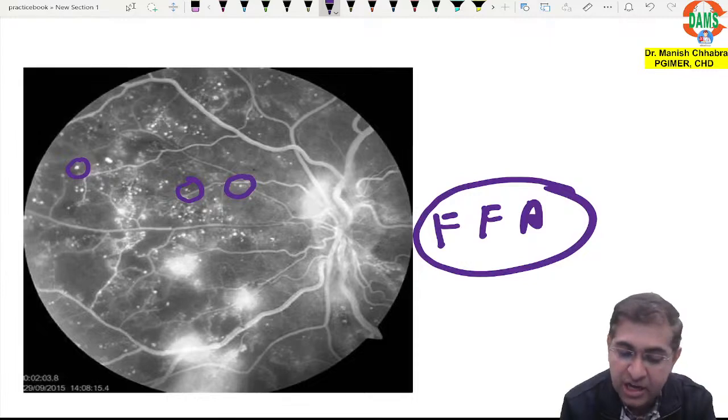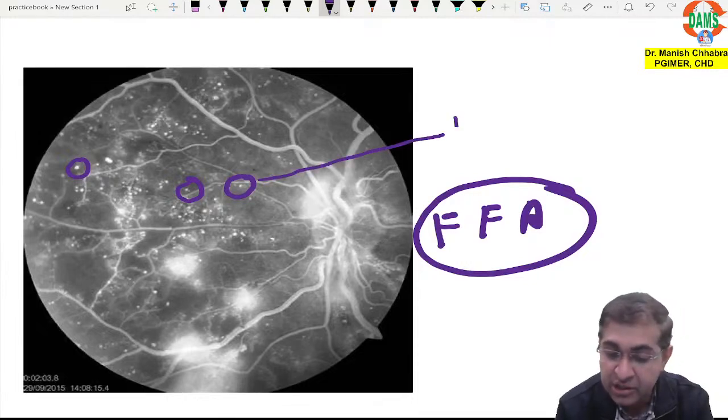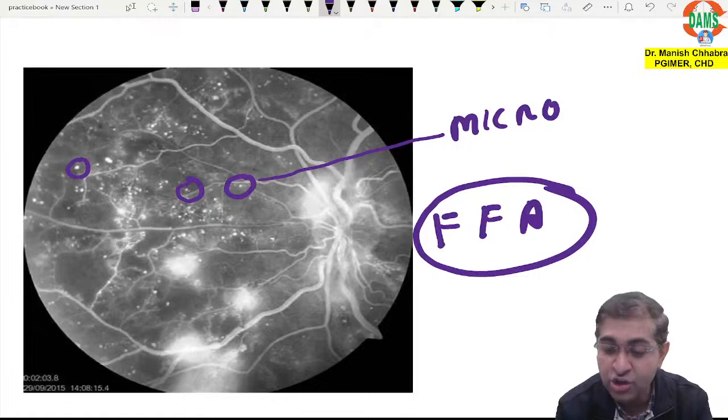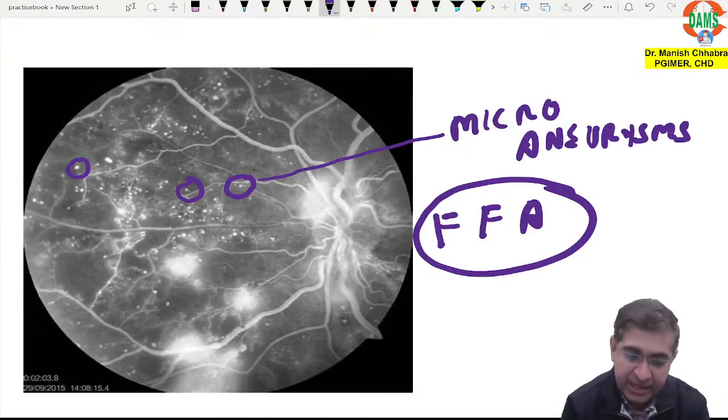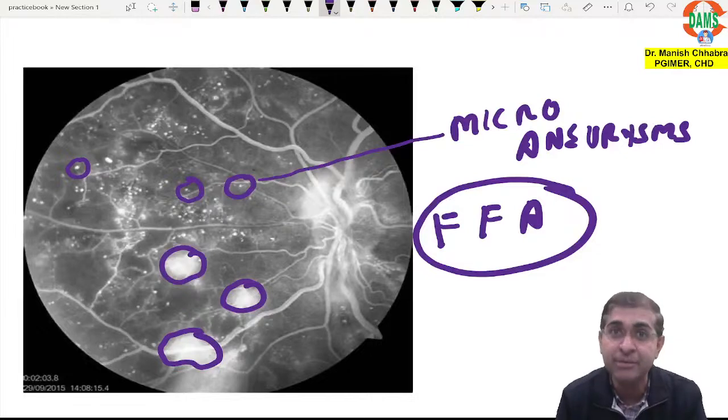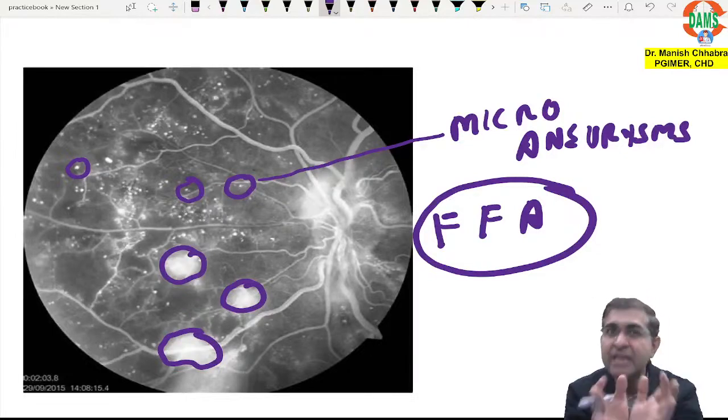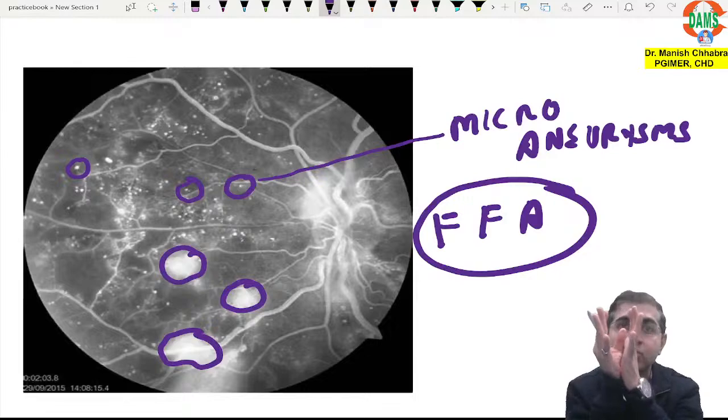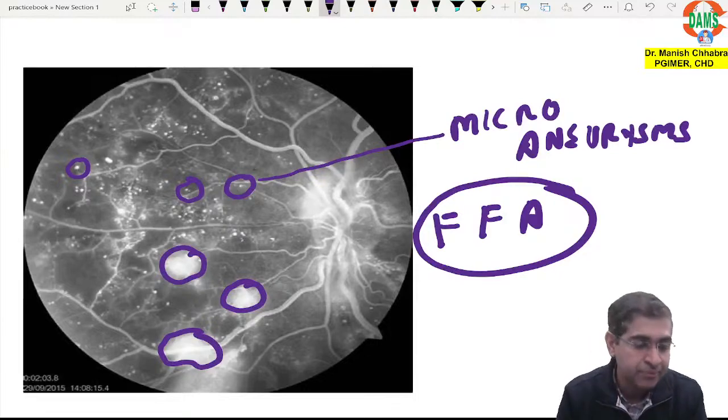Don't say that these are your dot blot hemorrhages. These are actually your microaneurysms. That is the first thing. Second is, you can appreciate this hyperfluorescence on the retina. I have typically taken this image to guide you guys. If this image is asked, you should not mark it incorrectly.